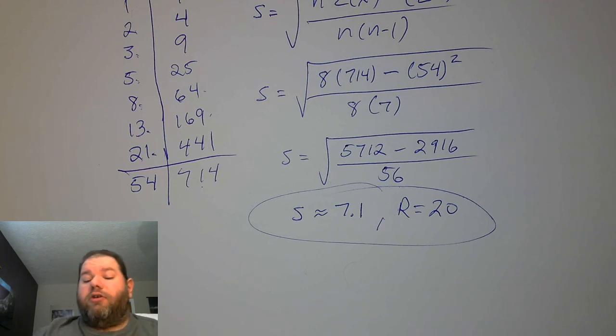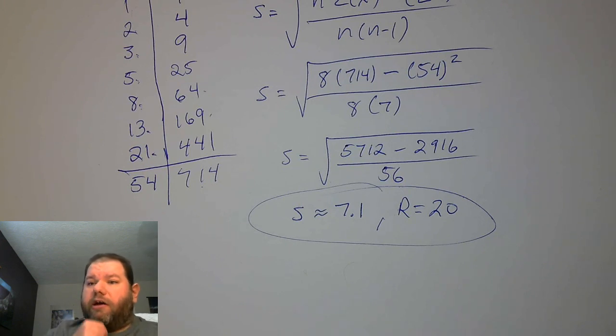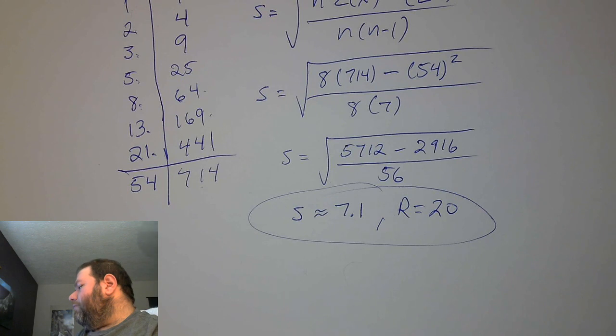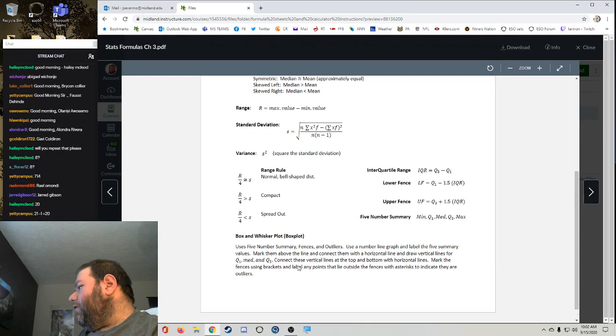So now the question is: is the data compact, or is it spread out, or is it approximately normally distributed? For this, let me bring up my screen here. For this, we use the range rule.